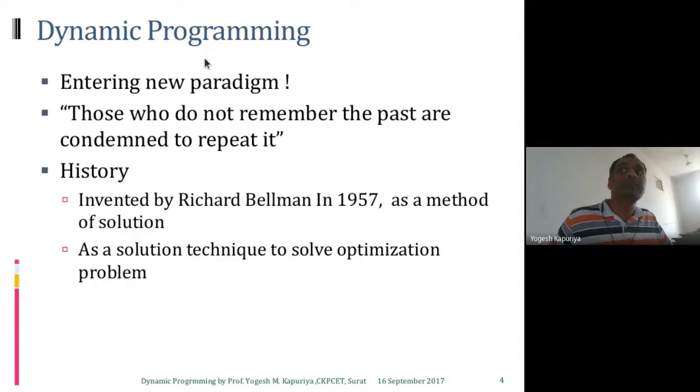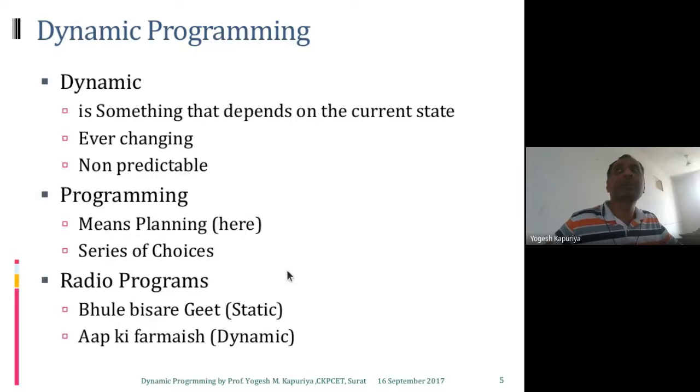So in 1957, actually Richard Bellman, the shortest path algorithm was the case. So Bellman-Ford was the problem statement. Again, it was a shortest path algorithm only, and this approach was used as a solution to solve that shortest path problem.